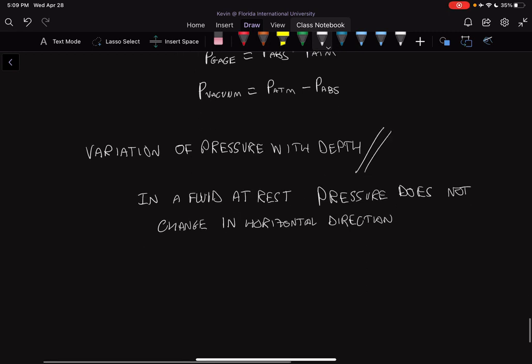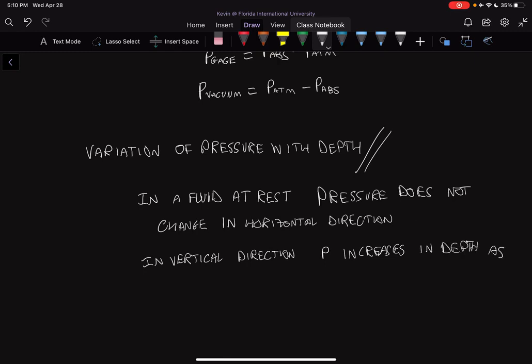Now, in the vertical direction, pressure increases in depth as a result of added weight of the fluid.